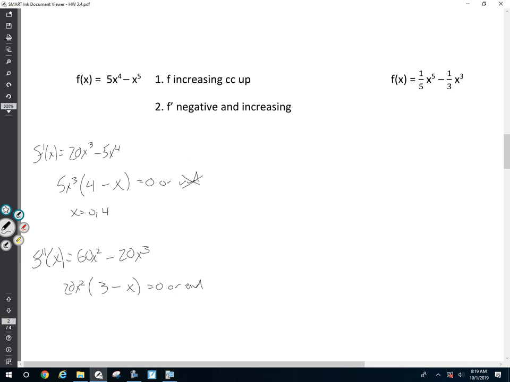Don't have to worry about the undefined. Here we go. F prime, f double prime. 0 and 4, 0 and 3.